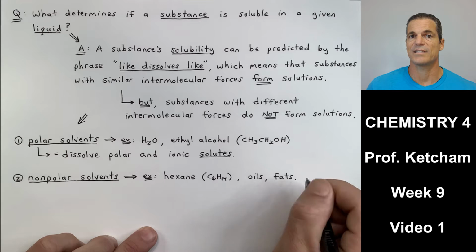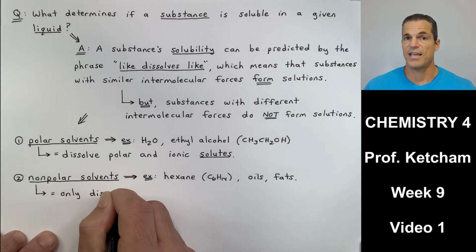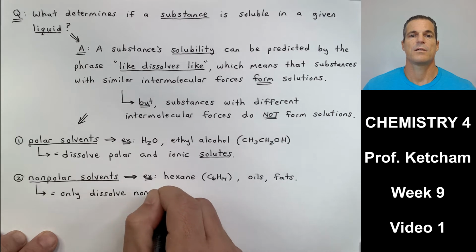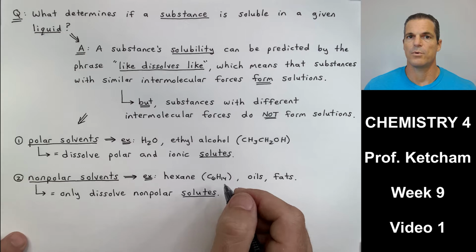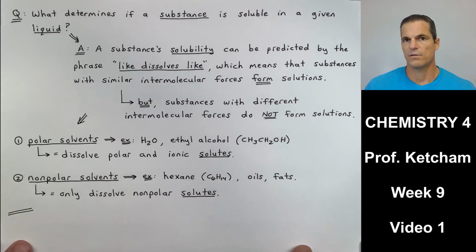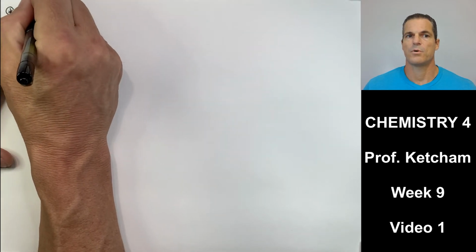Solute is what gets dissolved. Nonpolar solvents, for example, hexane, C6H14, oils, and fats, are only going to dissolve nonpolar solutes. Like dissolves like. Polar dissolves polar, nonpolar dissolves nonpolar.